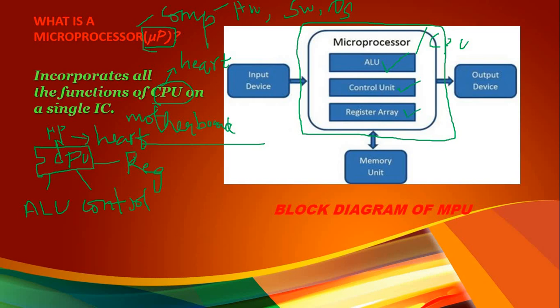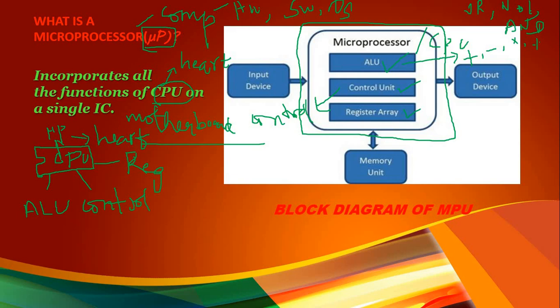The ALU performs arithmetic and logical operations. The basic arithmetic operations are addition, subtraction, multiplication and division. The logical operations are logical OR, NOT, AND, NAND, and many more. The control unit controls the signals between the processor and other peripherals.